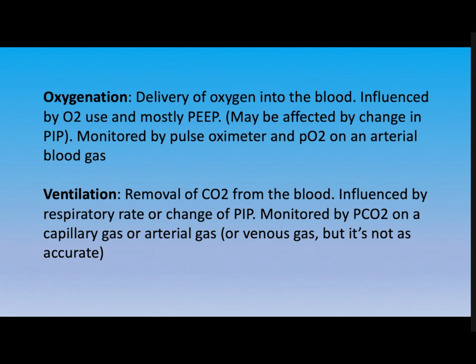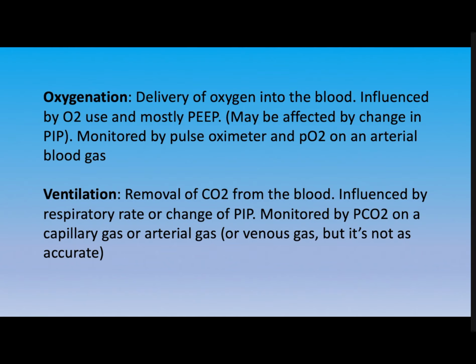Oxygenation is also slightly increased by an increase in the peak inspiratory pressure, and we'll talk about that in a second. Oxygenation is monitored either by the pulse ox or we look at the PO2 on our arterial blood gas. The PO2 on a capillary gas does not tell us anything about oxygenation of the baby.